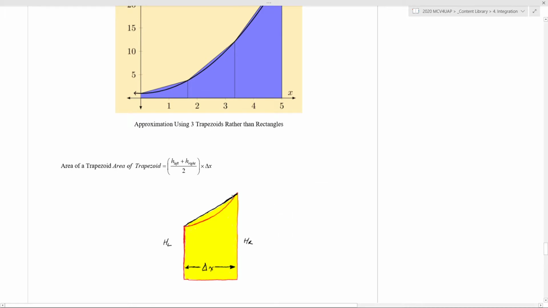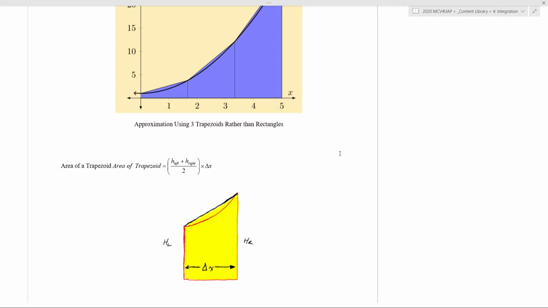All our trapezoids are going to have this basic shape that I've shown below, colored in yellow. On the left-hand side, it will have a height. And from the diagram, you can see on the right-hand side, the height is a little bit higher. Sometimes it'll be the opposite way, but the point is that on the left-hand side and right-hand side, you'll have 2 different heights.